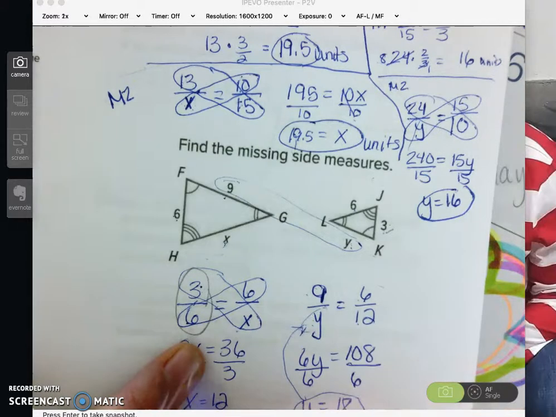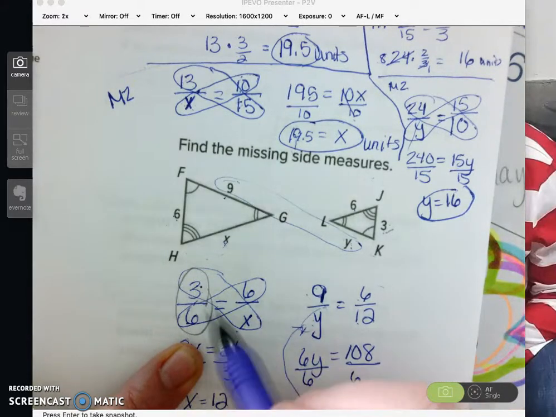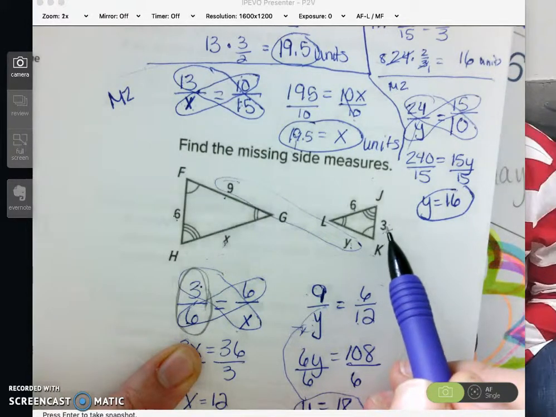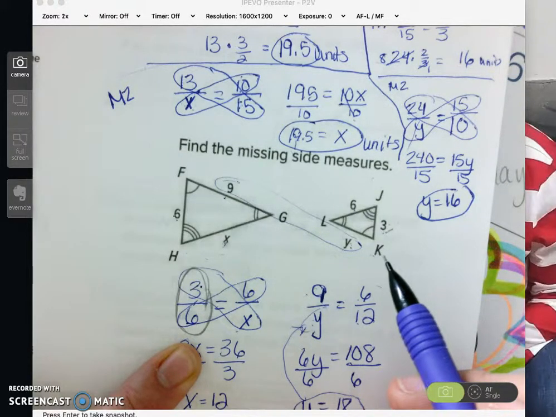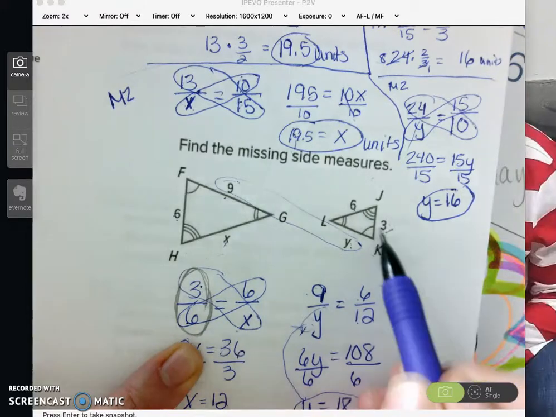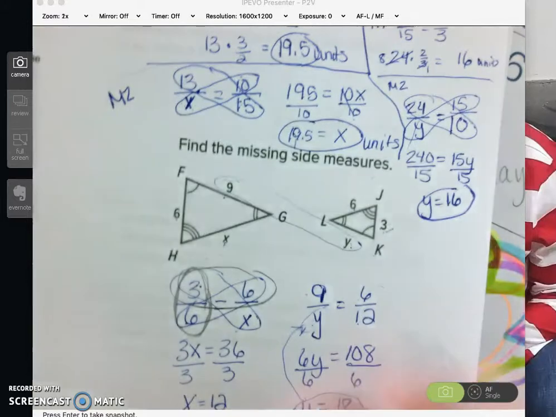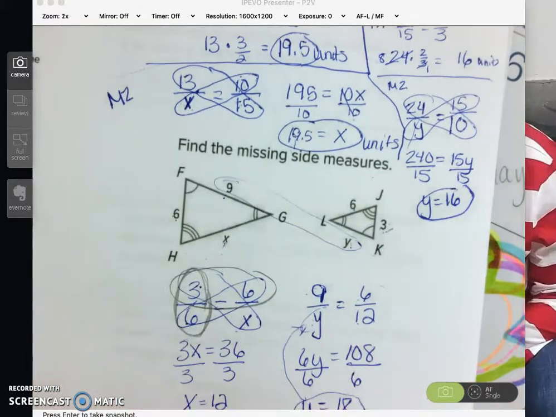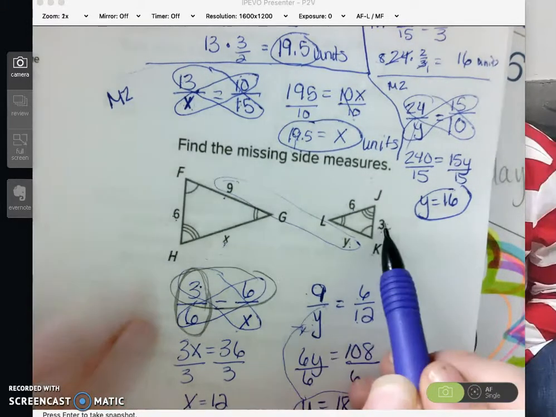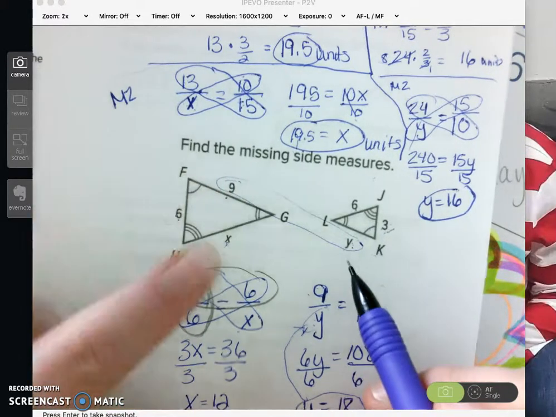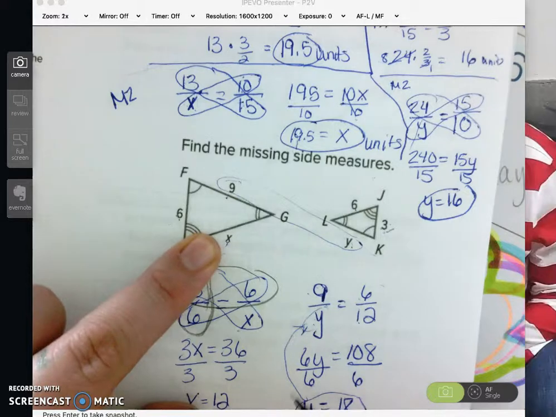So in this problem, these two are the same shape. Oh, it doesn't matter actually. So these two are the corresponding sides, and these two are the same shape, or opposite. It just works out. But anyway, so 3 to 6 is 6 to unknown here of x.